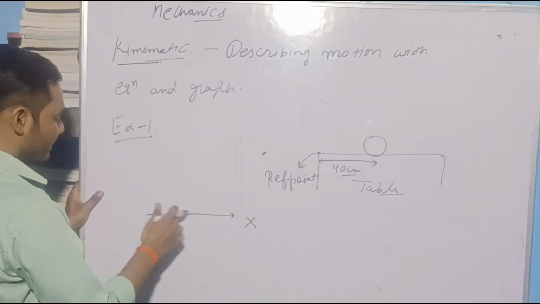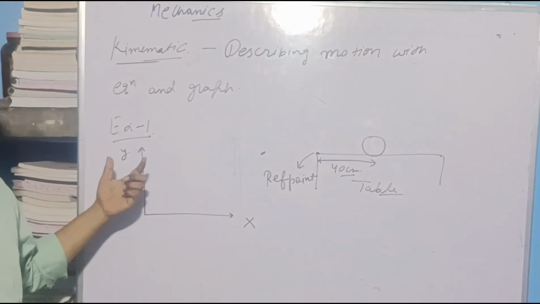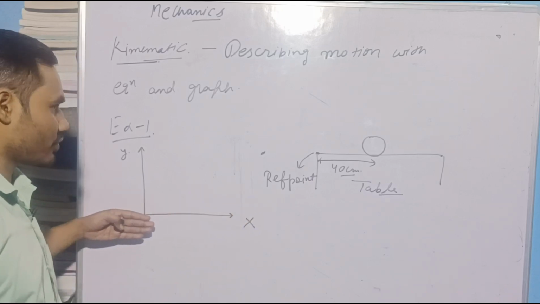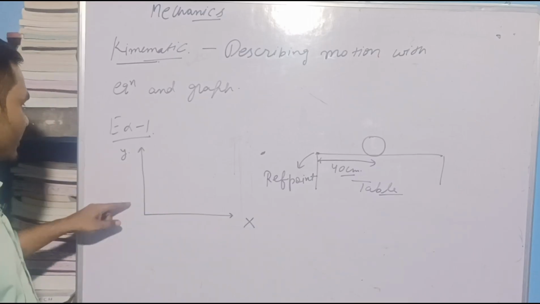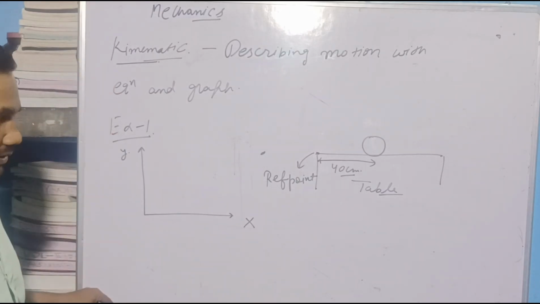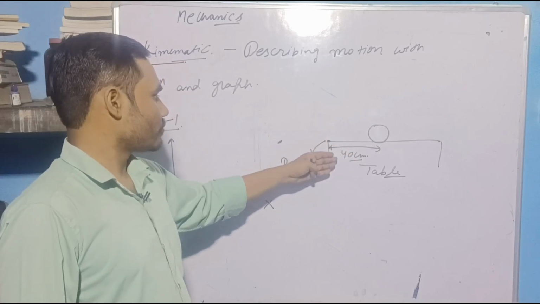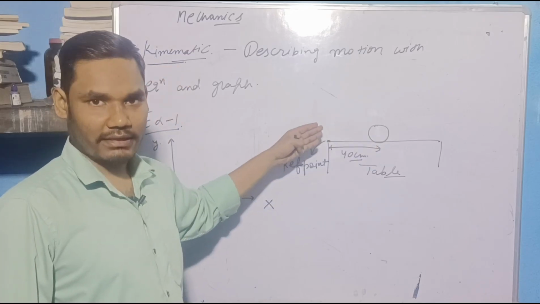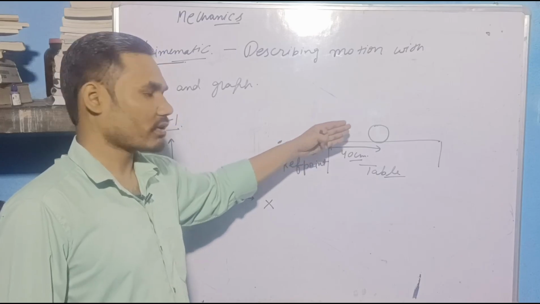So this is our x axis and this is our y axis. These x and y are positions. This x shows position in this direction, left and right, and this y axis shows the position in this direction, vertically upward and downward. In this situation we took the position of this ball from the reference point, and the reference point can be chosen in many possible ways.